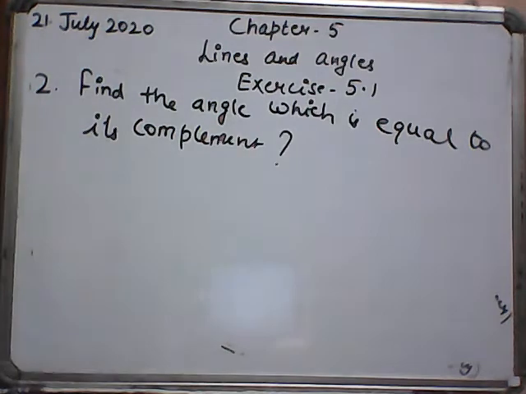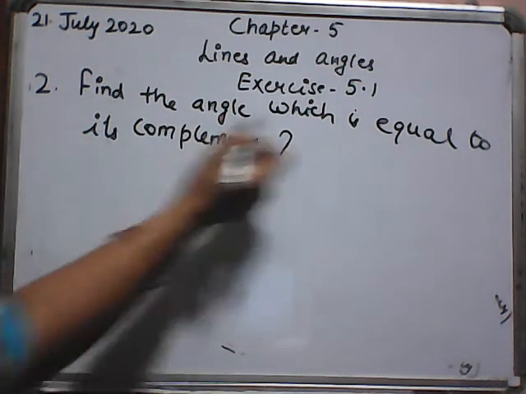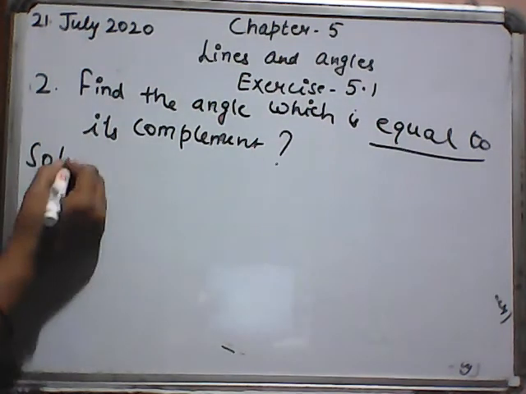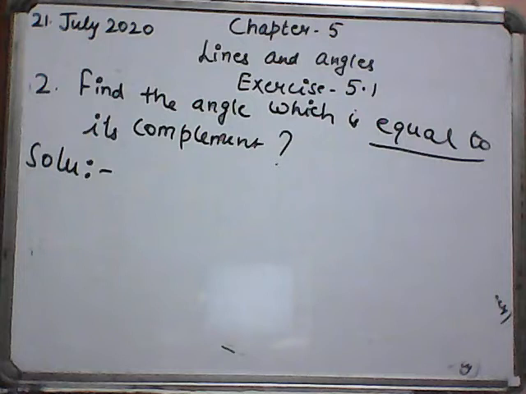Find the angle which is equal to its complement. It means the angle and its complement angle both are equal. It is given in the question. That means the angle and its complement angle both are equal.